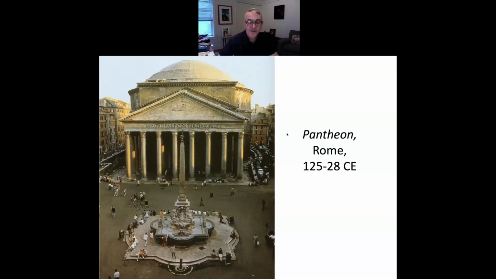All right, the Pantheon, built in 125 to 128 of the Common Era. The Greek temple facade, like that porch, is very much like a Greek temple with the triangular pediment and the colonnade.